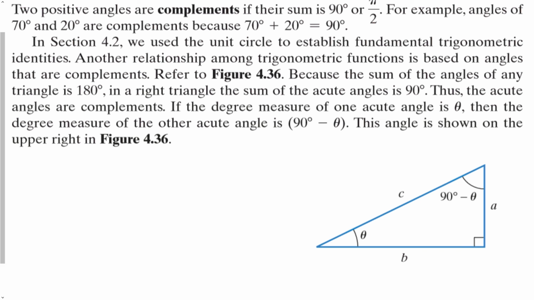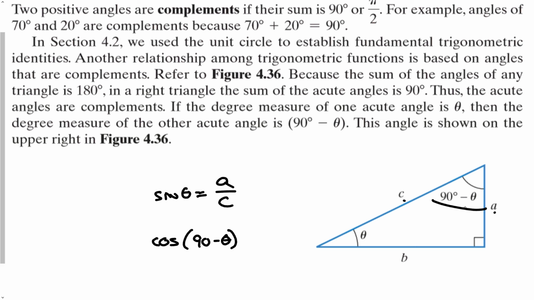And look at this. If we're looking at theta, the sine of theta would be opposite over hypotenuse. So it would be A over C, okay? But what about the cosine of that angle, 90 minus theta?